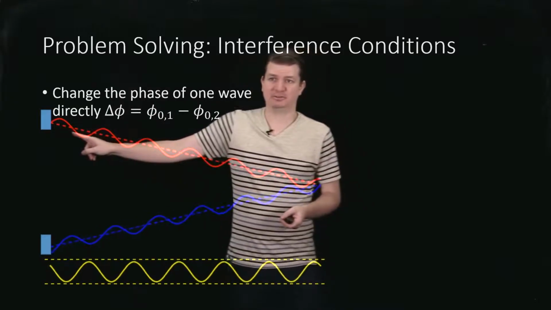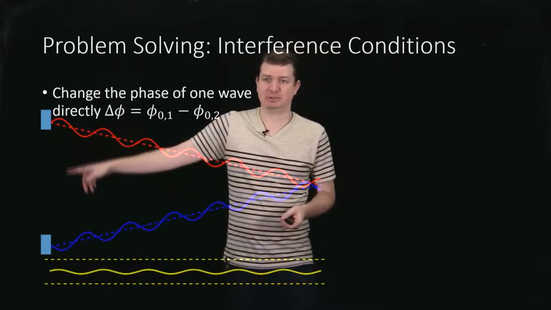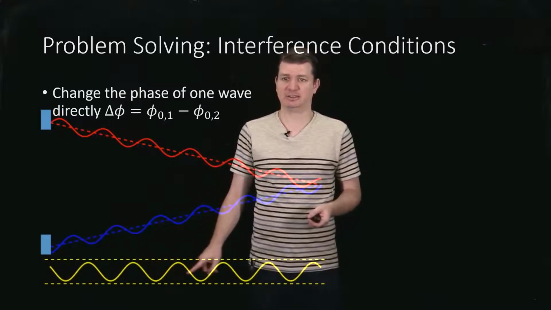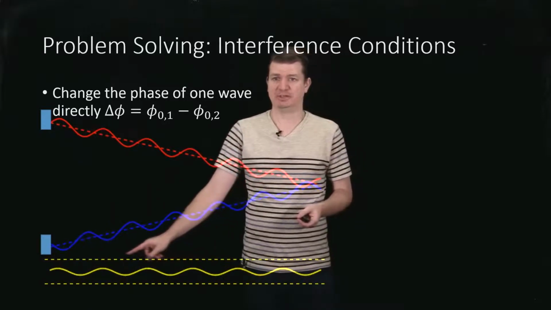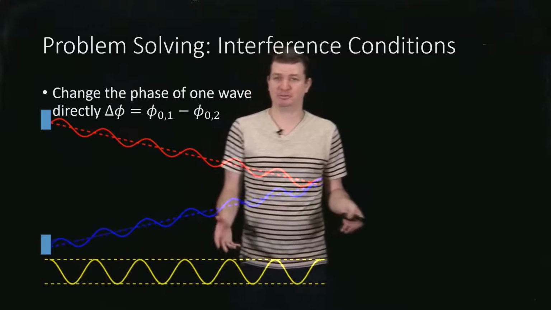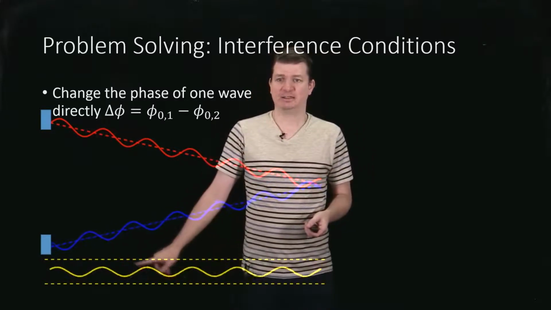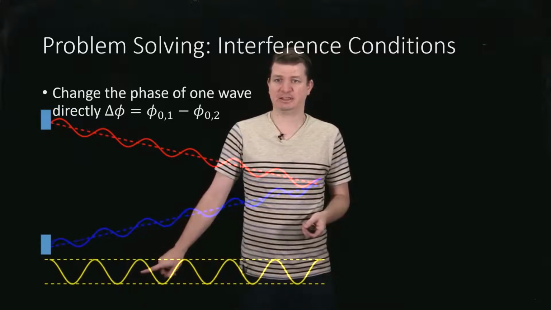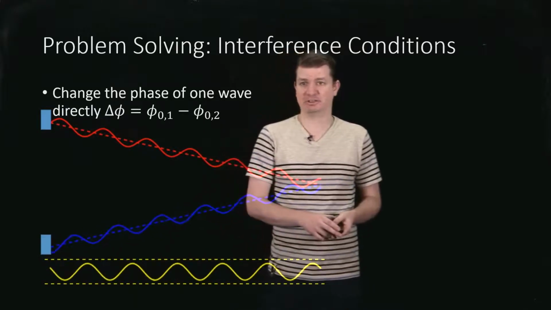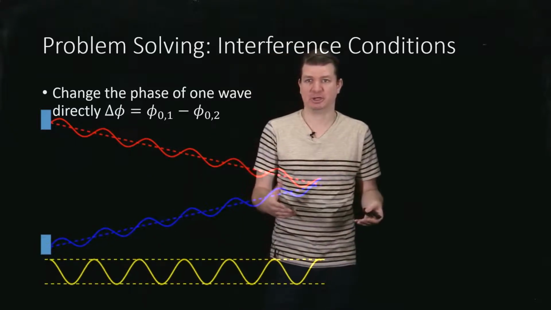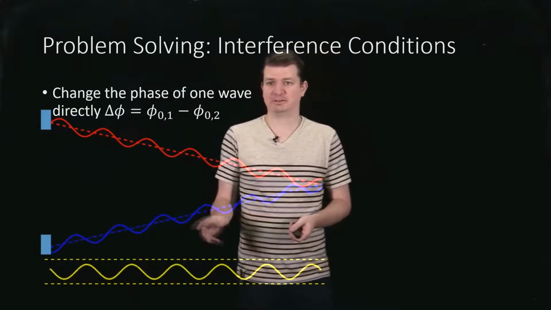So that one has a phase constant of, say, 0, and that one I'm shifting, and you can see that it is changing exactly what's happening. If I shift the phase constant by pi, that's when I get perfect destructive interference, and then I can get back to constructive interference by restoring to any multiple of 2 pi.